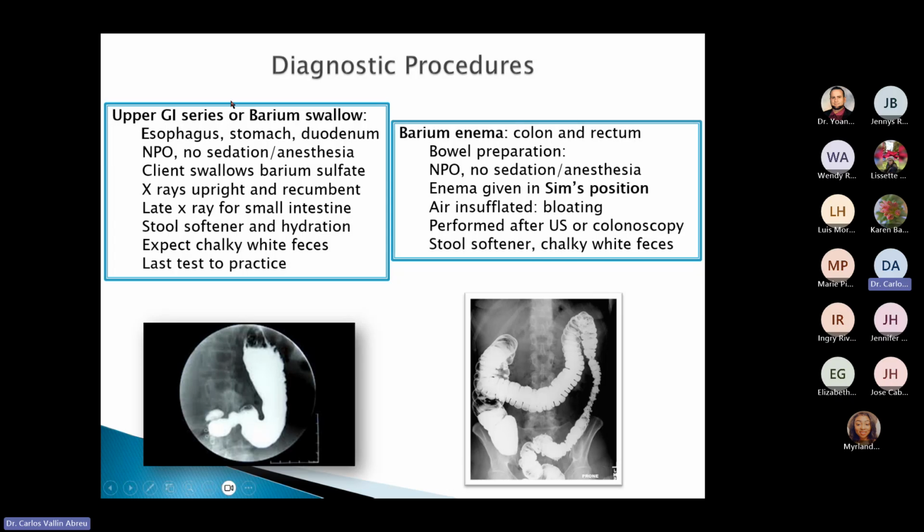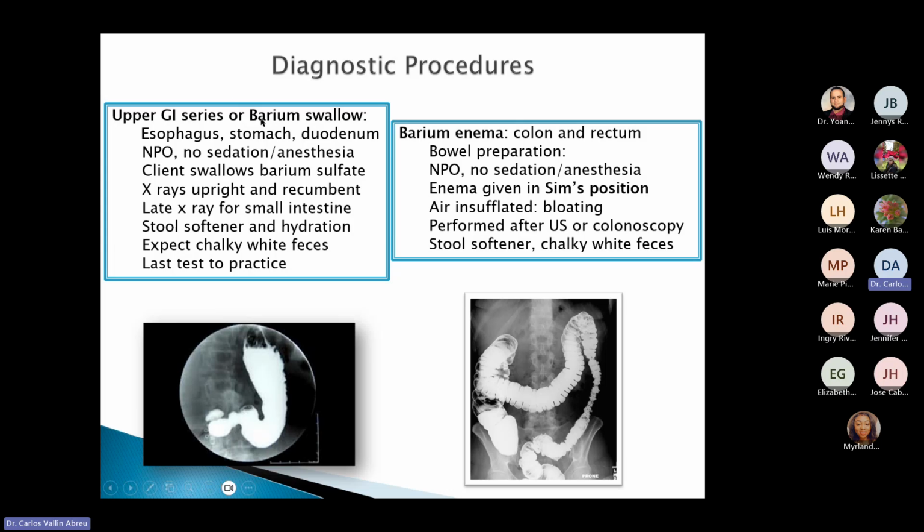What should the nurse ask before allowing the client to eat? And the answer was, if the client has a late X-ray pending, to be done 2 to 3 hours later, because in that situation the client cannot eat.